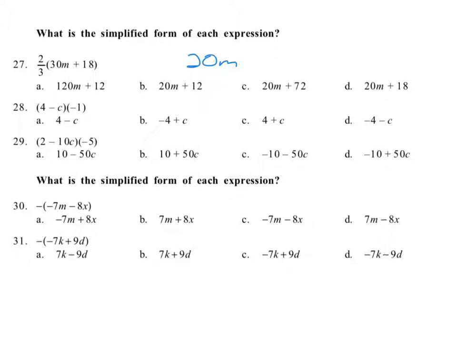Okay? We're doing the distributive property here, of course. That times that, and that times that. So let me first write this here and say that's really equal to distributing it through: 2/3 times 30m, that's an m, plus 2/3 times 18.